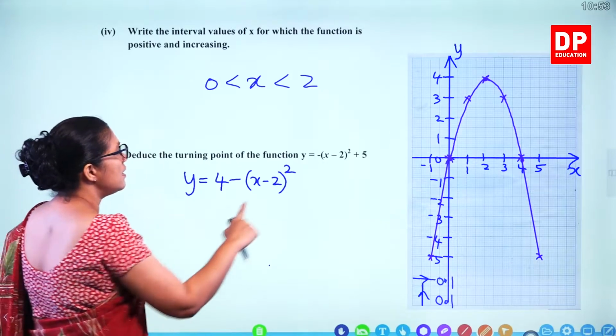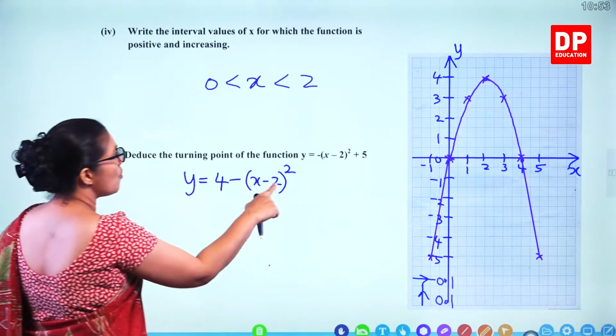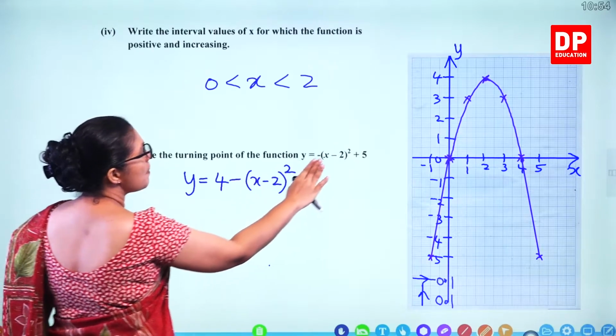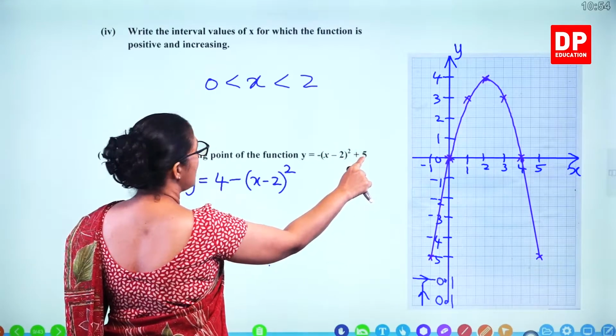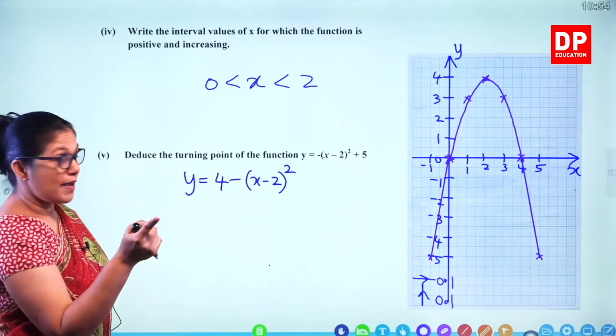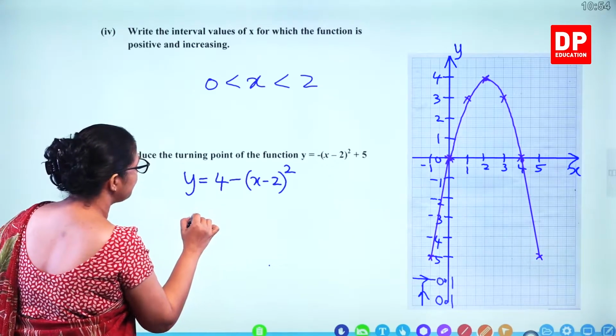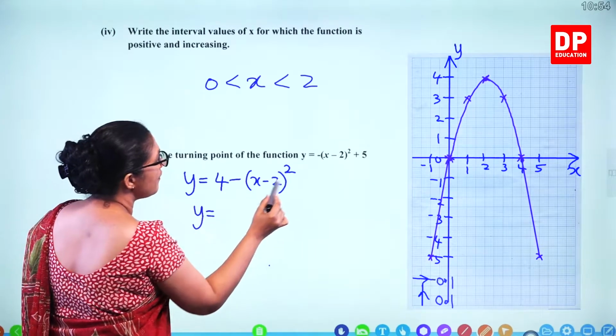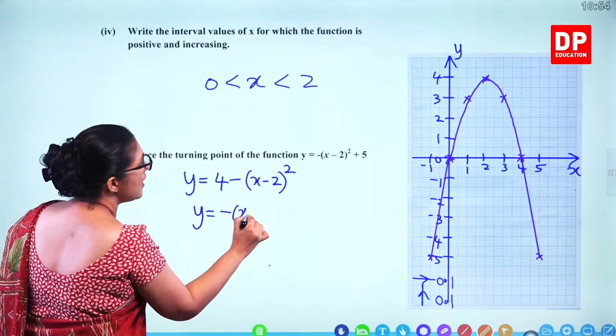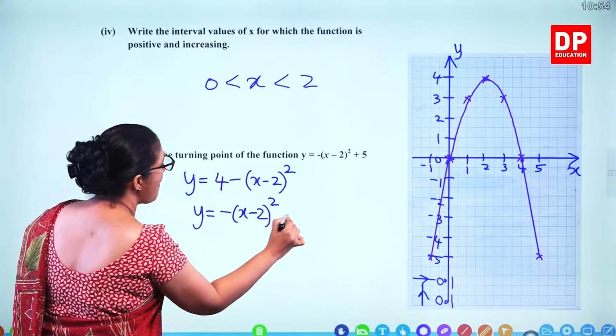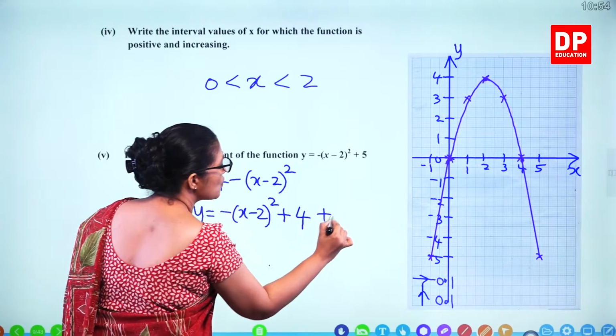But you need this one. So what is the difference? This part is there. Here 4 becomes 5. So that means you can write this one minus (x minus 2) squared plus 4 plus 1.